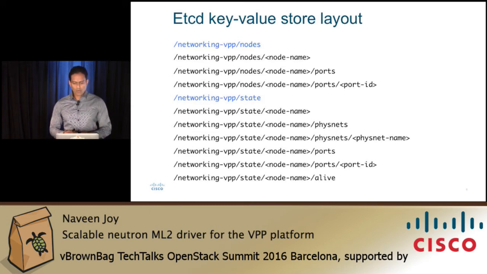So every time you create a port, the driver sends that port data into this store, in fact this directory, with the key of that port ID and the value that is required for the agent to create that socket. Similarly, the agent, after creating the socket, writes back its state to the state directory. And that's where the driver would pick it up and send a notification to Nova.